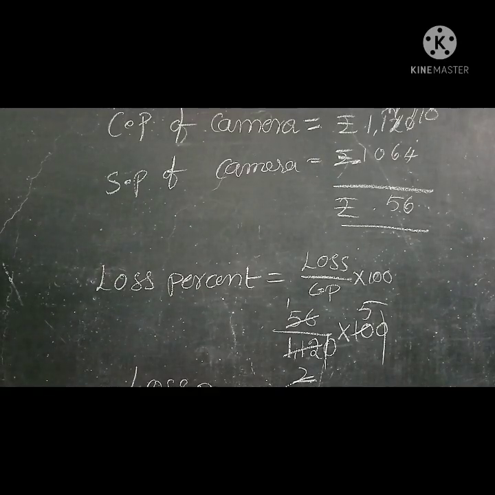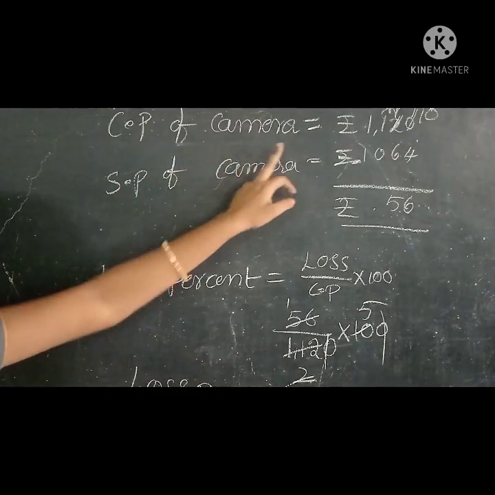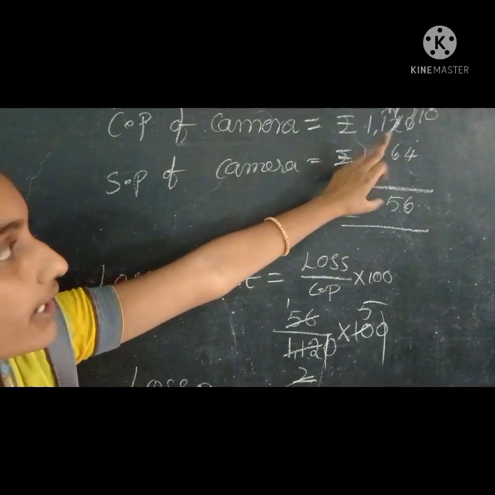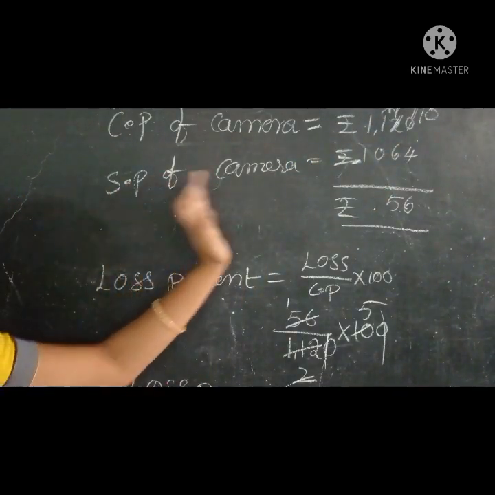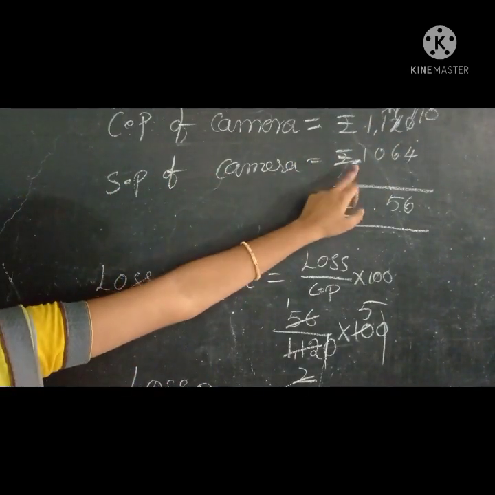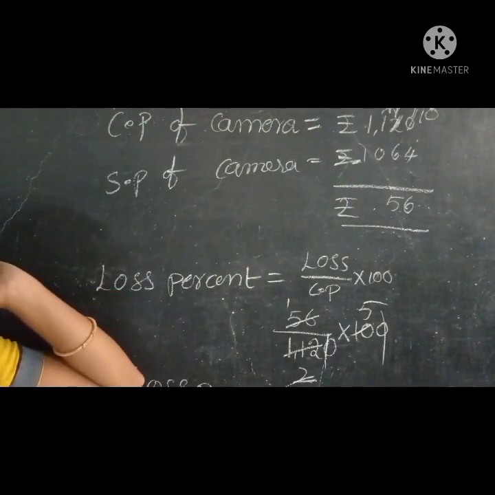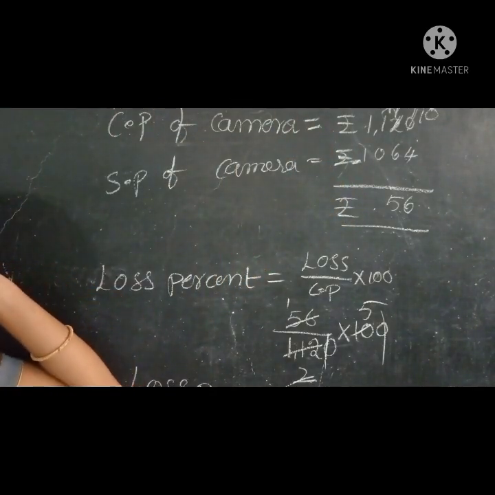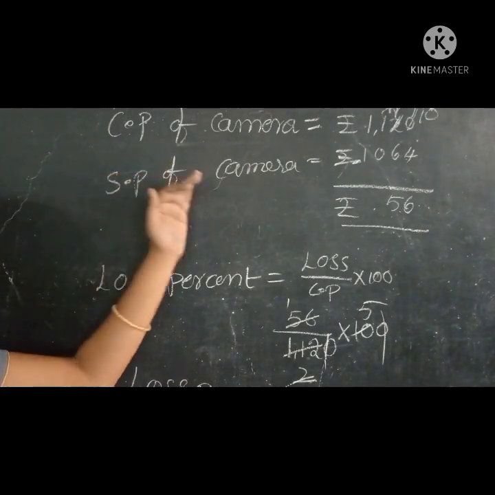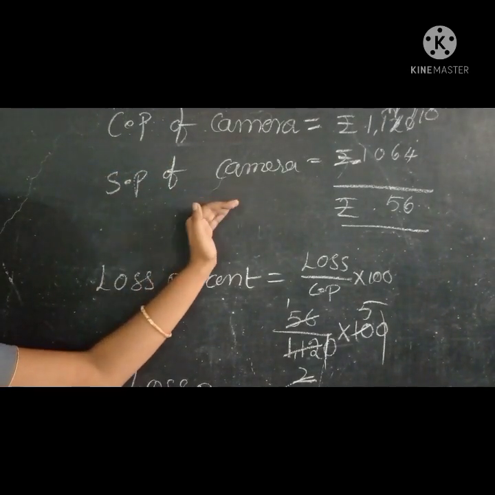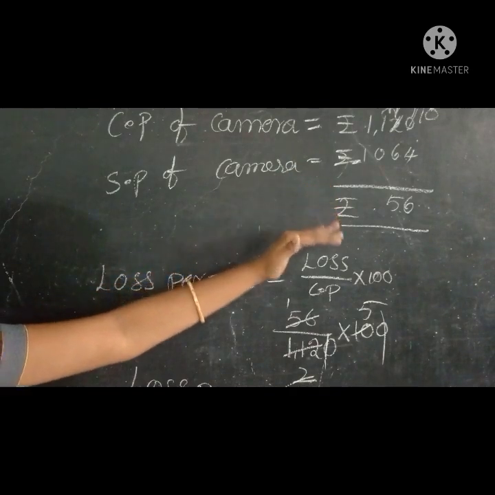See once again, the cost price of a camera is equal to 1120 rupees and the selling price of camera is equal to 1064 rupees. So we have to find out the loss percent. First we have to calculate how much rupees of loss.